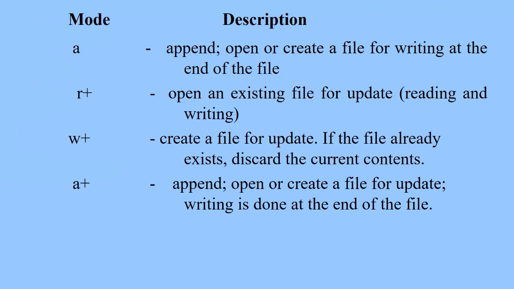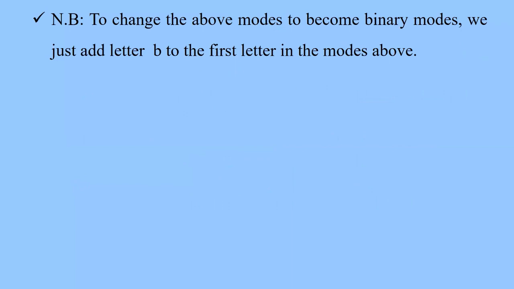A plus means append. So open or create a file for update, and writing is done at the end of the file. Note that to change the above modes to binary modes, we just add the letter B to the first letter in the modes that I've already explained.